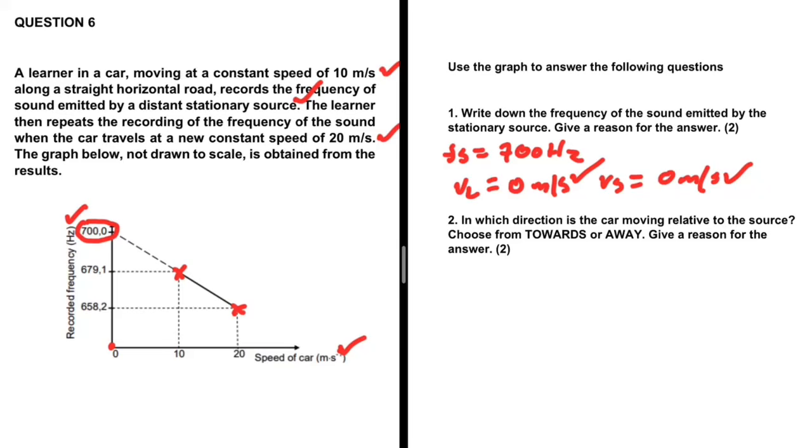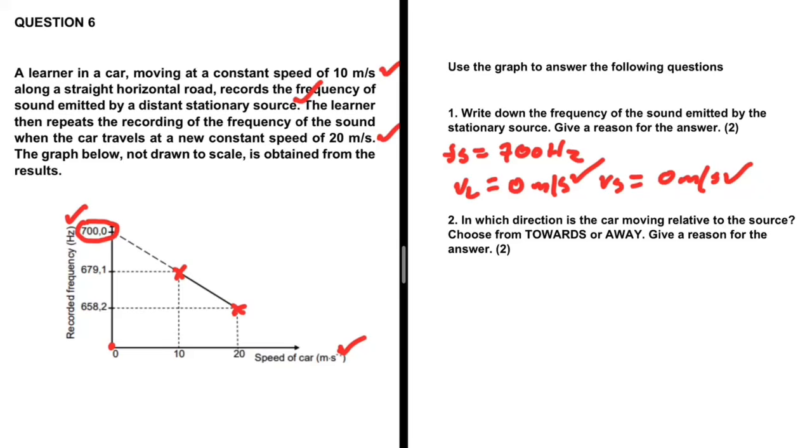As soon as you realize that, everything else becomes doable. The second question: in which direction is the car moving relative to the source? Choose from towards or away. Give a reason for the answer. So, again, we need to answer this question basing it on the graph that we have. Take a look at this.